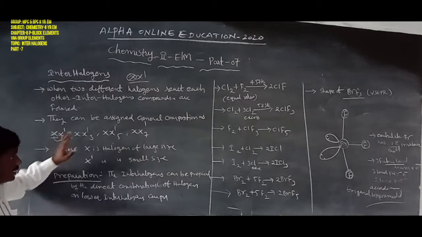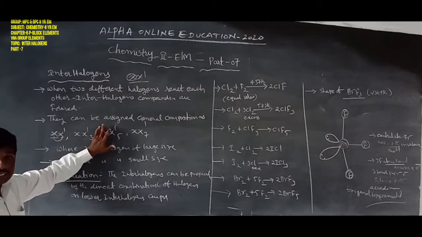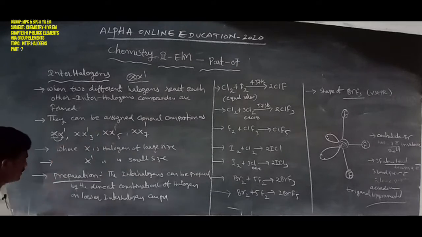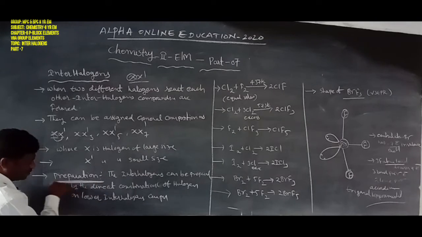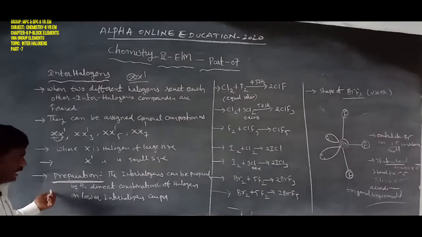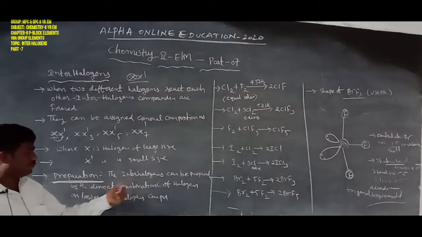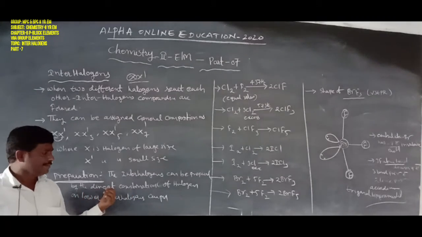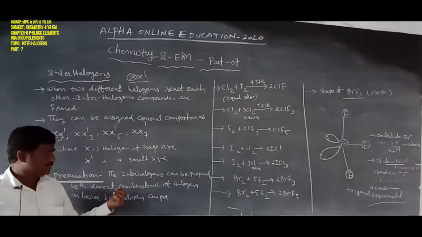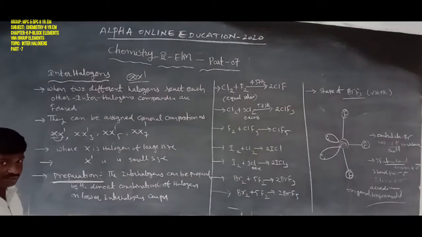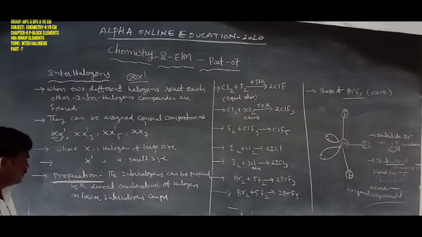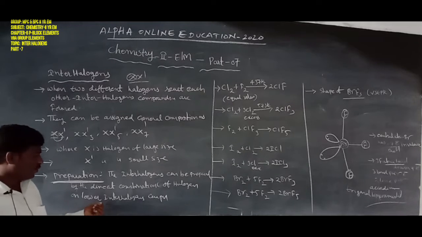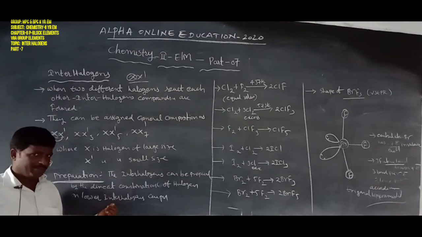Next, the interhalogens can be prepared by laboratory or other methods. Here is the preparation of interhalogens. The interhalogen compounds can be prepared by the direct combination of halogens, or by treating a halogen with a lower interhalogen compound.